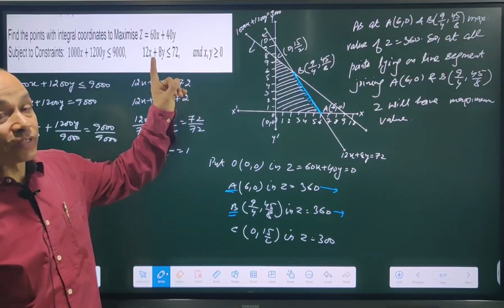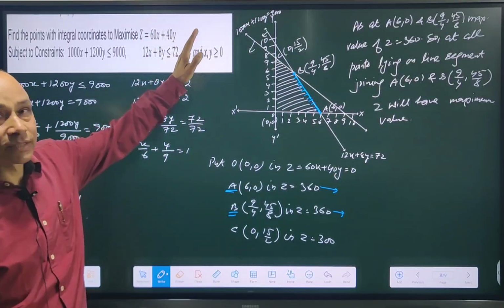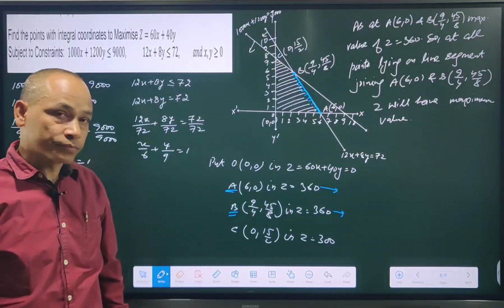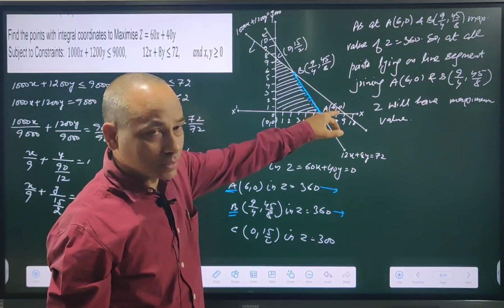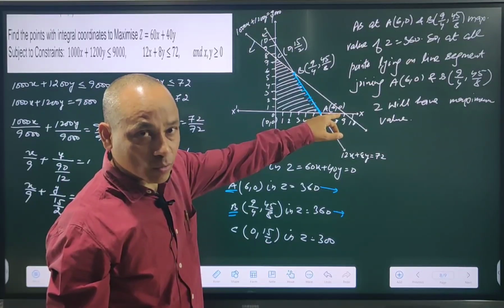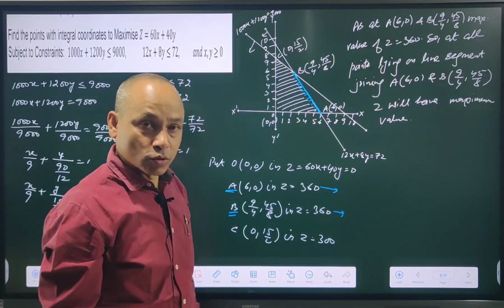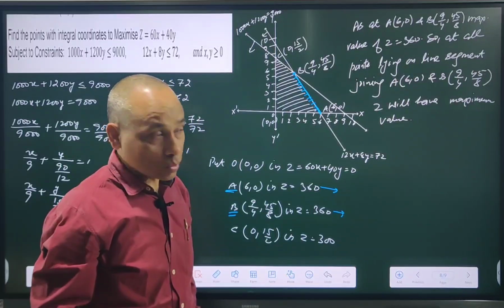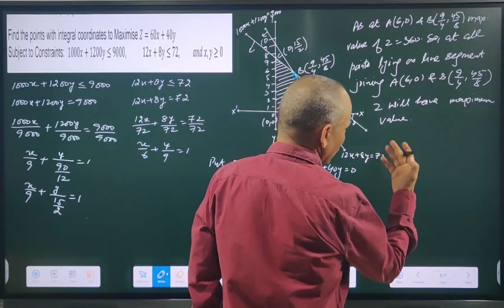So find the points with integral coordinates to maximize this objective function Z. Now, you will say that (6, 0) has integral coordinates, but B has non-integral coordinates. So will only A be the answer? No. Will A be the only answer? No.